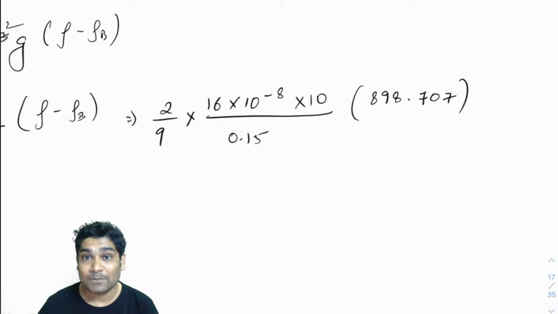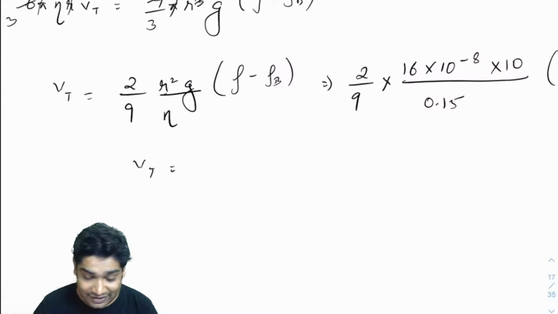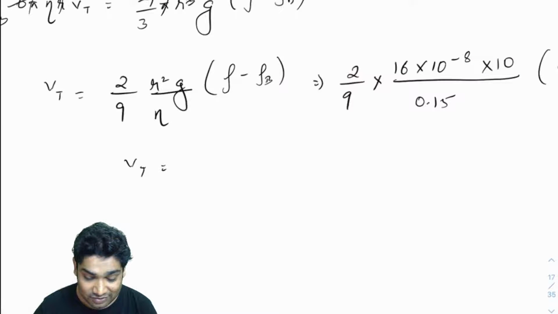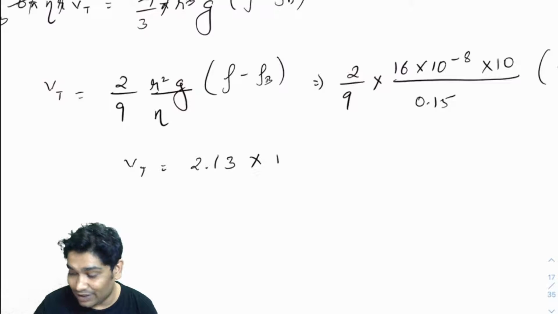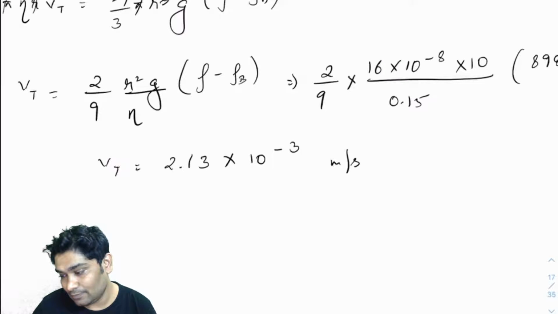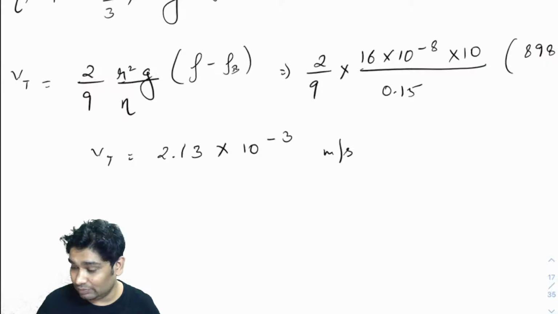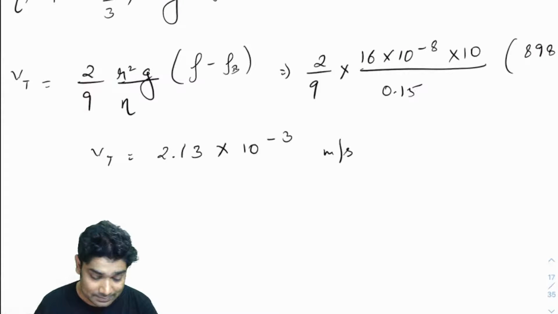So the final answer that I am getting for terminal velocity is 2.13 into 10 to the power of minus 3, that is 4 and 5 minus 3. That is the answer that I am getting. Please check your calculations. You can check your calculations. This is the answer that I am getting.